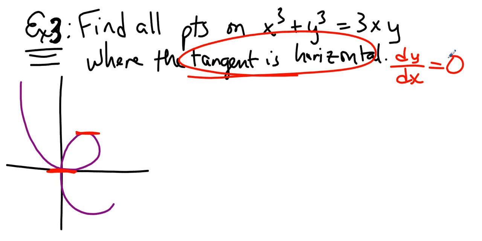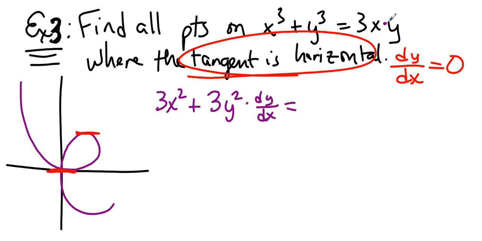So we're looking for a derivative. We don't have one yet, so we'll run through the process of implicit differentiation. The derivative of x cubed is pretty straightforward. The derivative of y cubed is 3y squared if it's with respect to y, but it isn't, so we multiply by dy/dx.